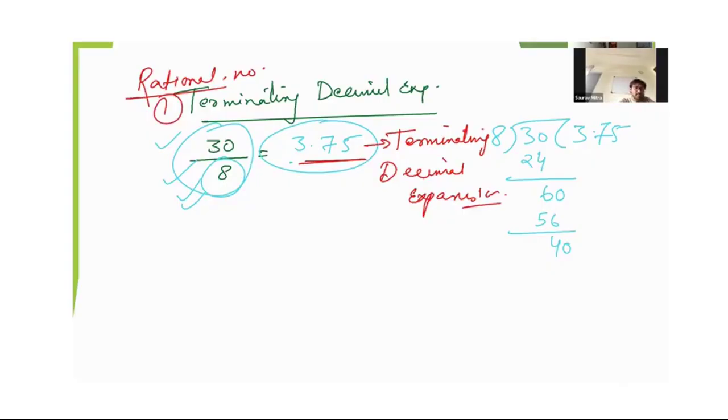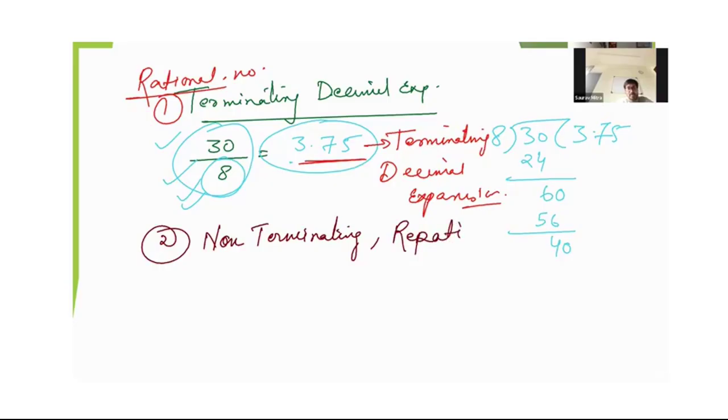Second, a rational number possesses a non-terminating but repeating decimal expansion also.